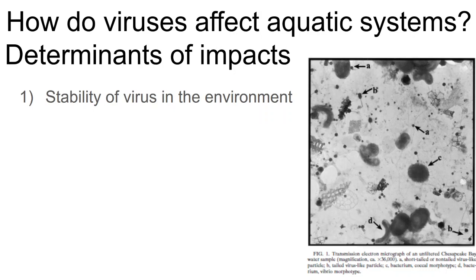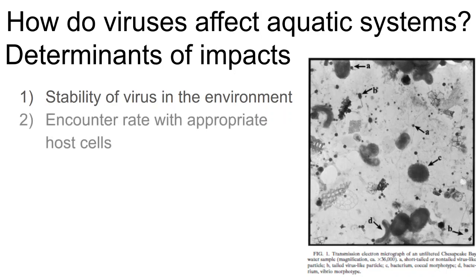So viruses could get pushed around by the movement of water. Viruses could be broken down and deactivated. It's also important to think about how frequently a virus is going to interact with an appropriate host cell.